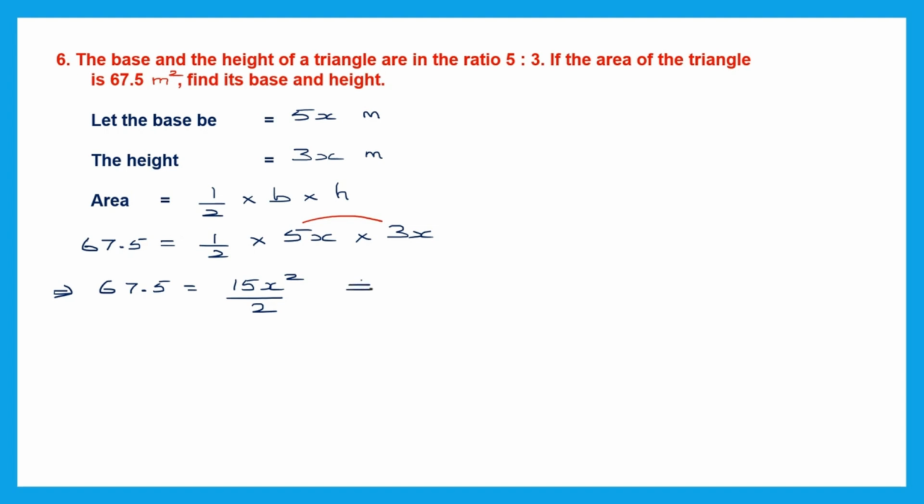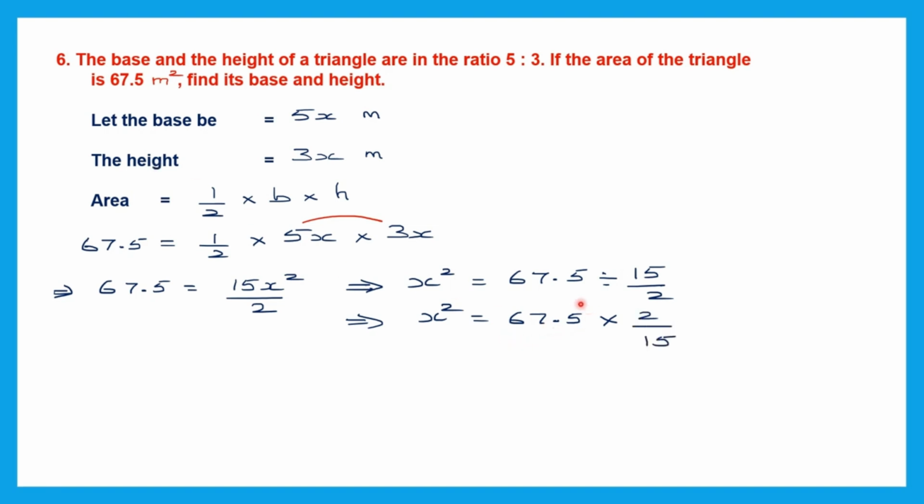Now we are going to find the value of only x square. So this will be 67.5. Now here 15 by 2 into x square. So when 15 by 2 goes to the other side, it becomes division. Divided by 15 by 2. Now let's work it out. So x square is now equal to 67.5 into 2 by 15.